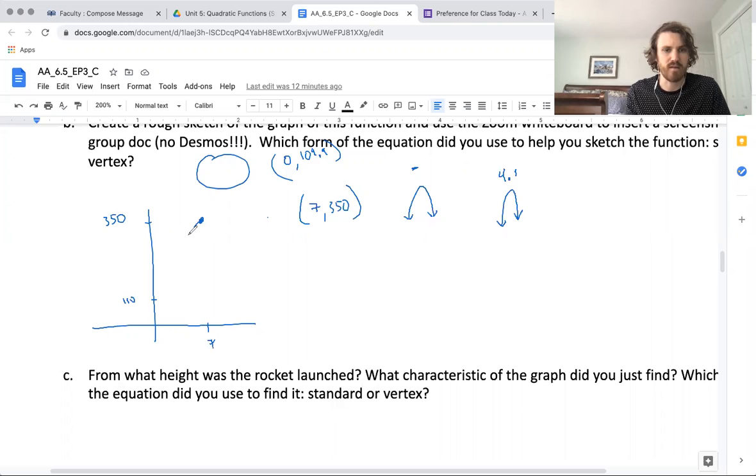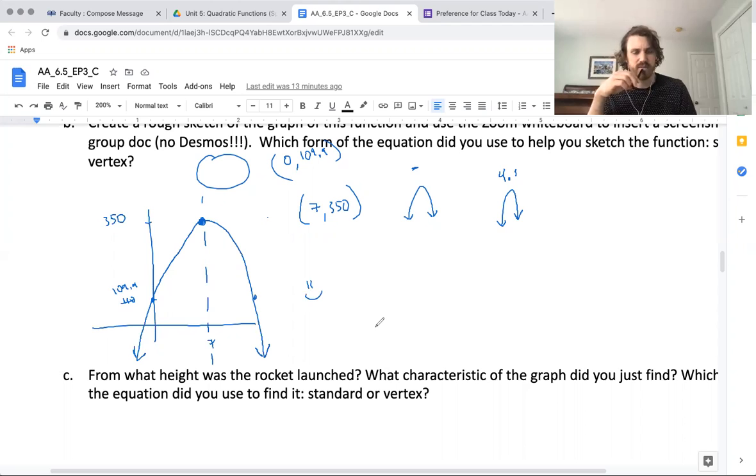And so I get something that looks like something like this. It's a very rough sketch, right? It should be symmetric across this axis of symmetry, but at least I've got my vertex at (7, 350), and I've got my y-intercept at, really it should be 109.9. And then I'll have another point over here. So that looks pretty good.